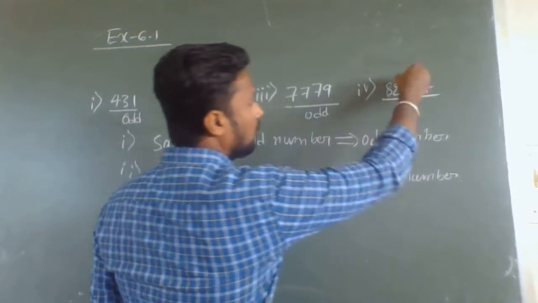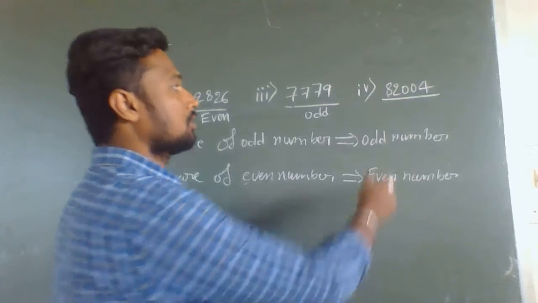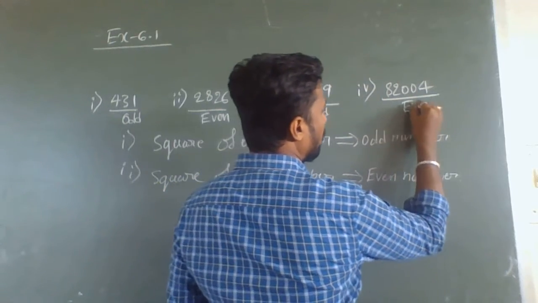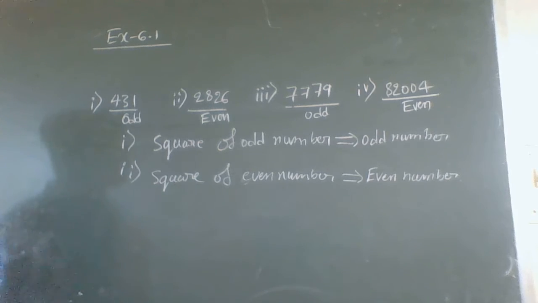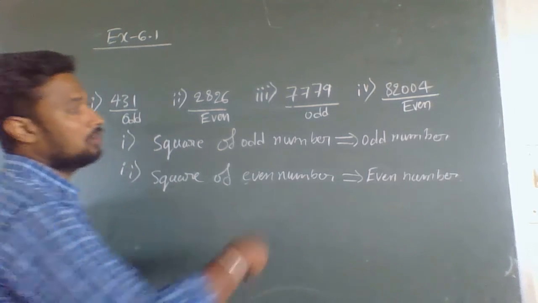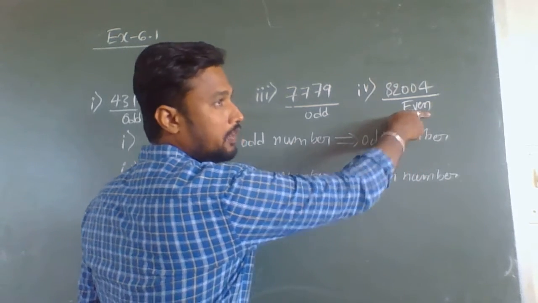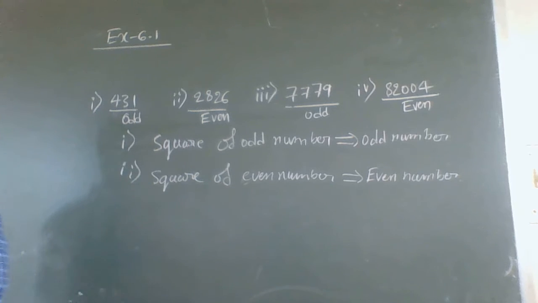And 82,004 is also an even number, so the square number will be even. Write the reason why it is an even number, meaning why you get an even square number. Okay, so now I will move to the next problem.